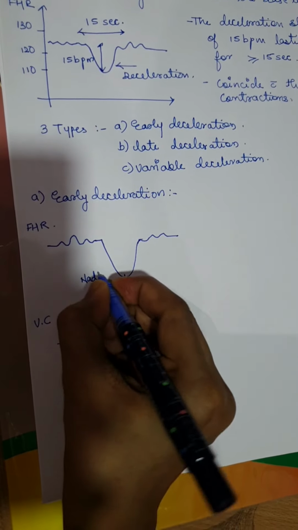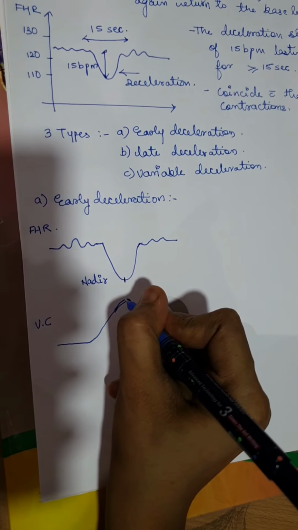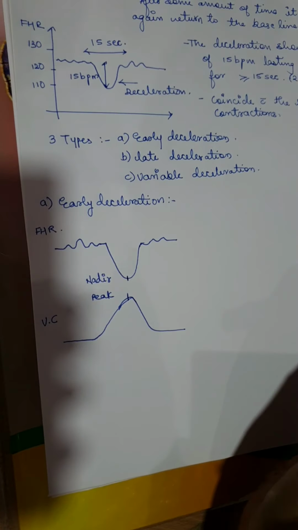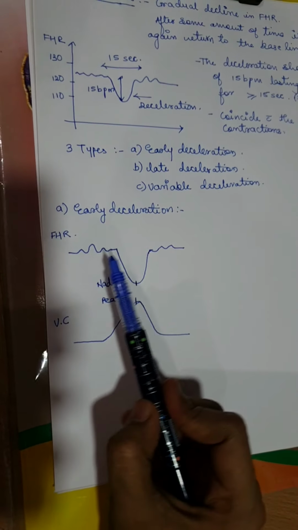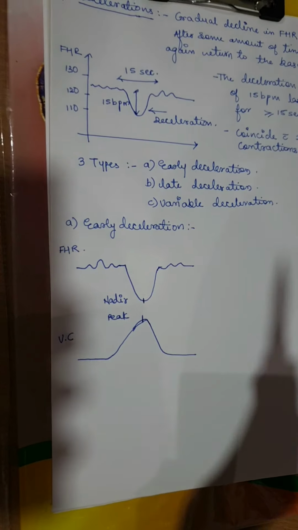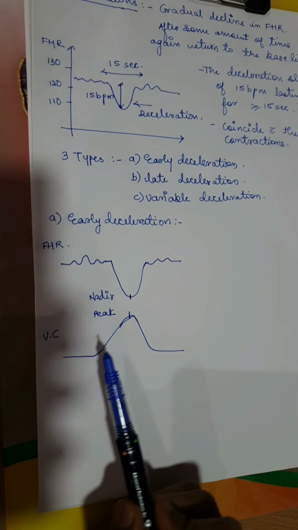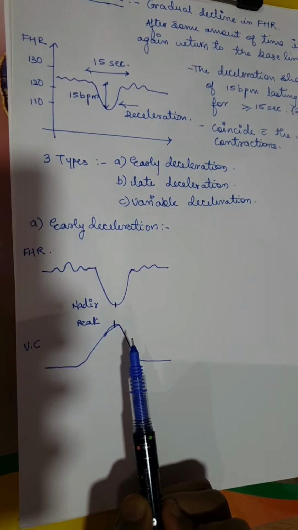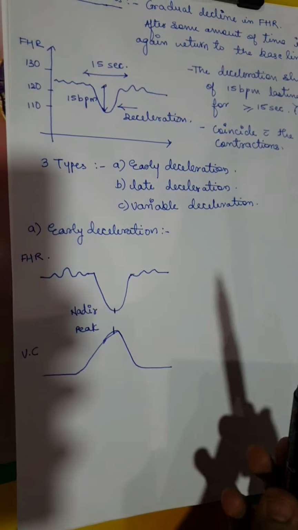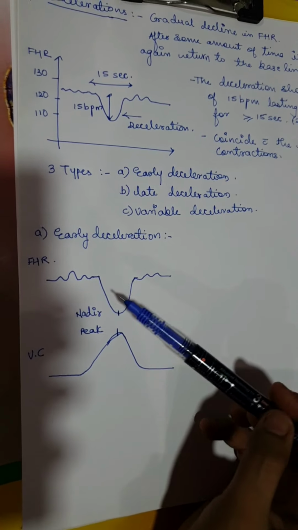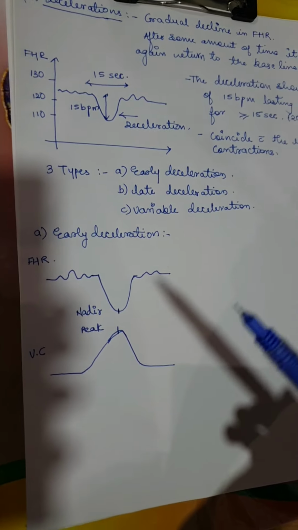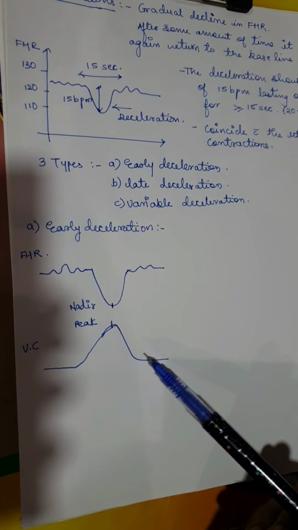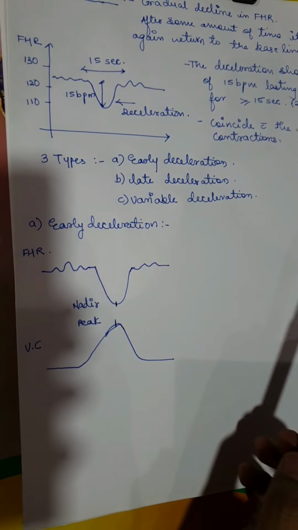When the nadir of the deceleration coincides with the peak of the uterine contraction, it is called an early deceleration. That is, the decline of the fetal heart rate starts simultaneously with the uterine contraction, the nadir of the deceleration and the peak of the uterine contraction coincide, and the fetal heart rate returns to the baseline with the subsidence of the uterine contraction. Such a deceleration is called an early deceleration.